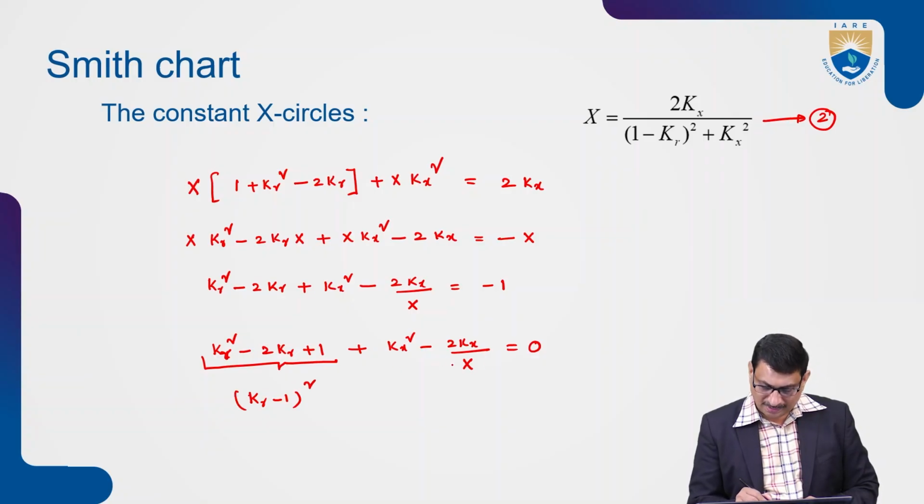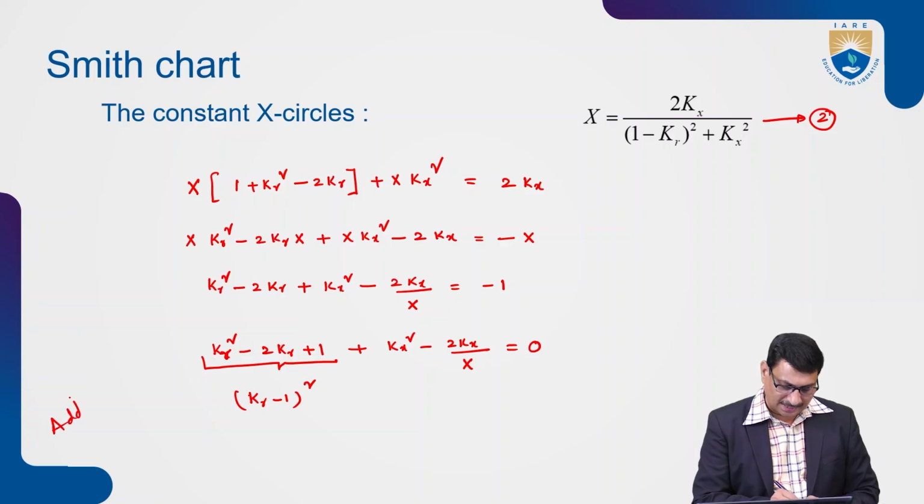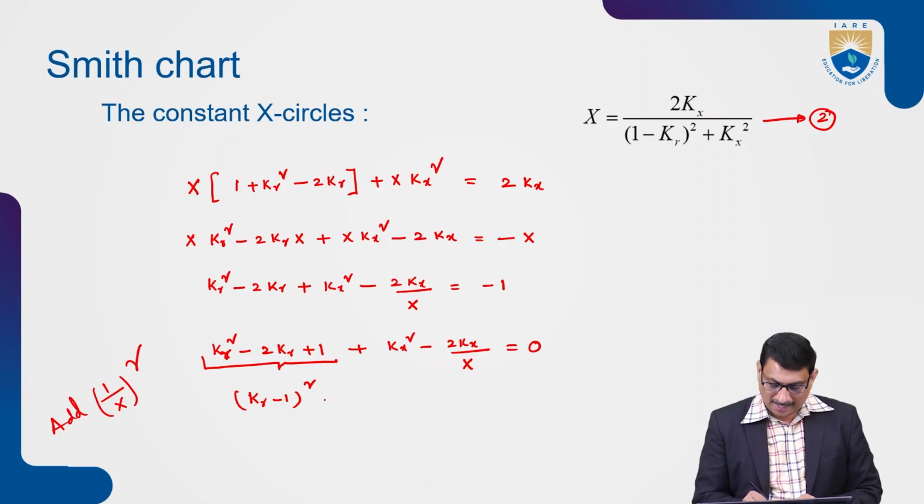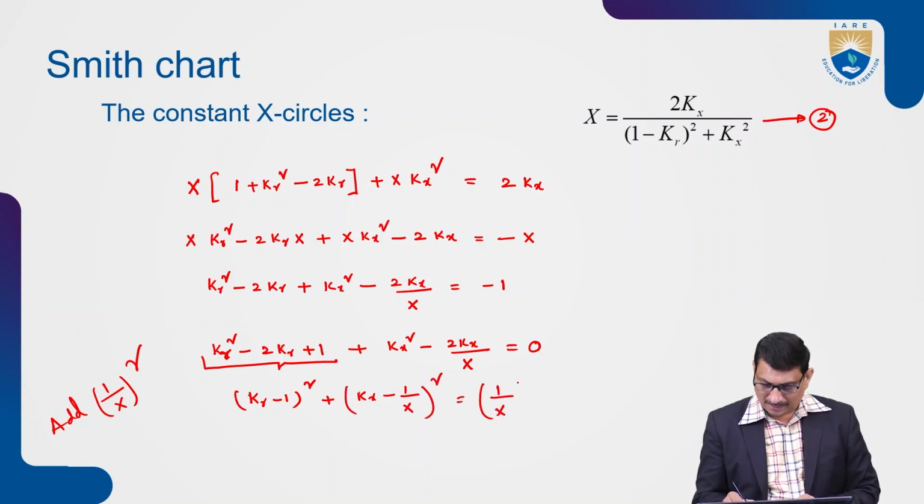Whereas this is not a perfect equation, to make it a perfect equation I need to add 1 divided by x whole square on both sides of this equation. If I add it, it becomes (kx minus 1 divided by x) whole square equal to 1 by x whole square.